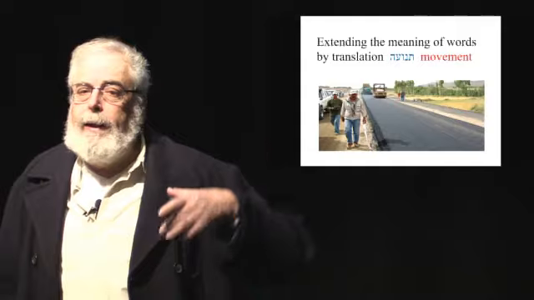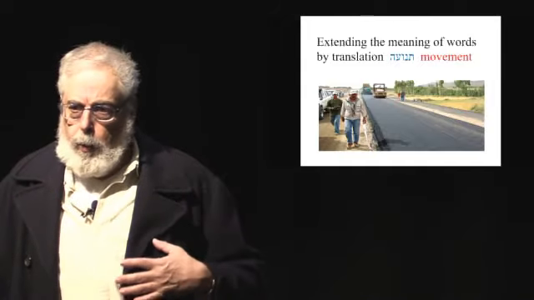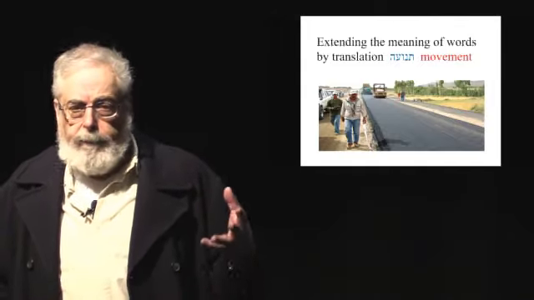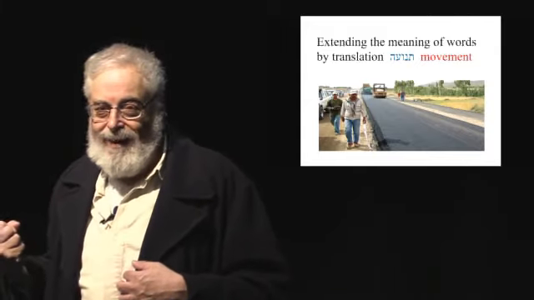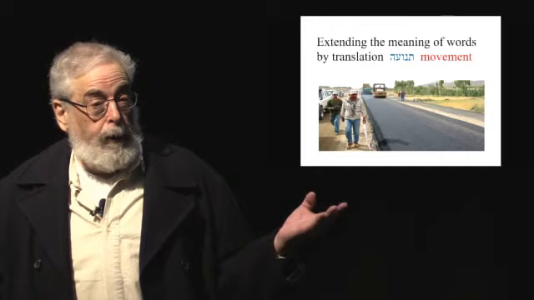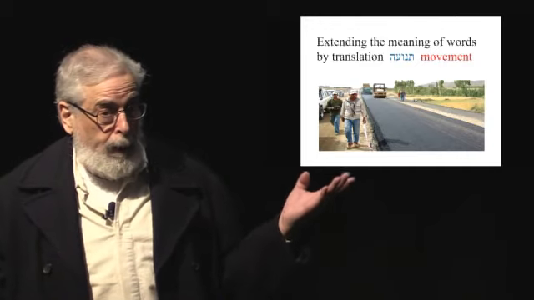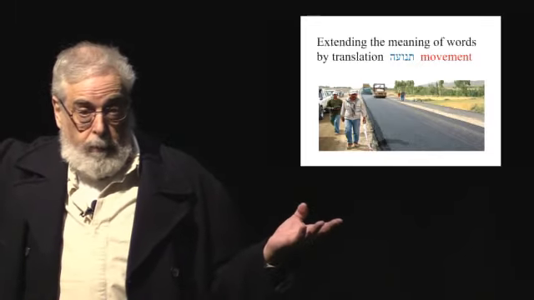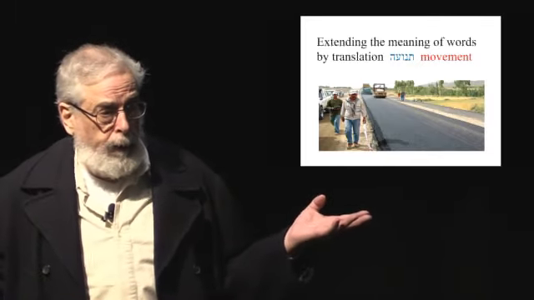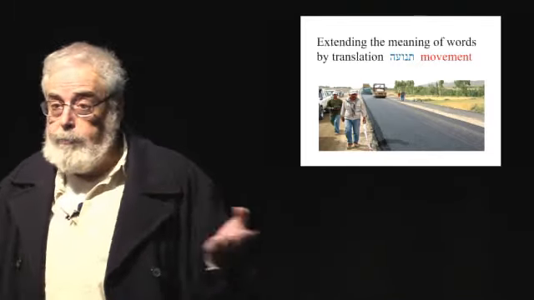We don't use what we call direct loan words directly from the other language, but we grab its meaning. How do we do it? There is a word, for example, in English, star. A star is in the sky. How is it called in Hebrew? Kochav, from Genesis.